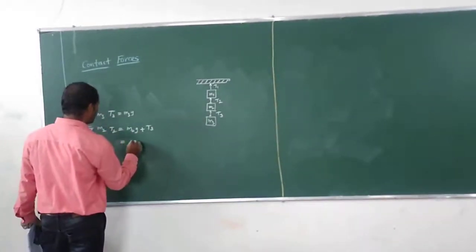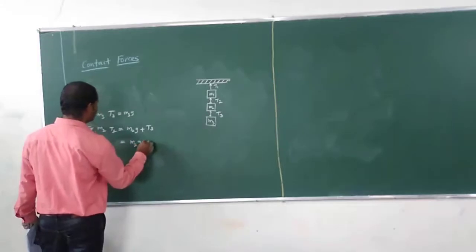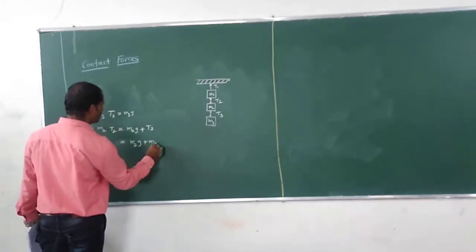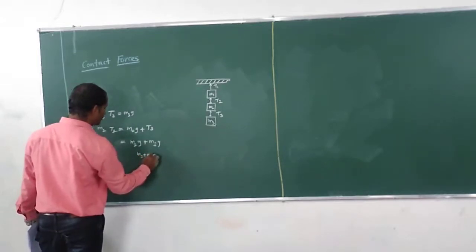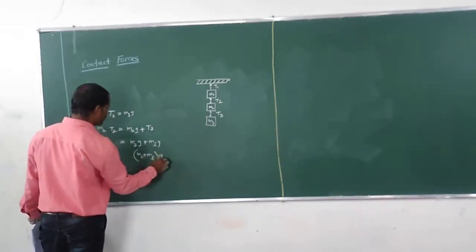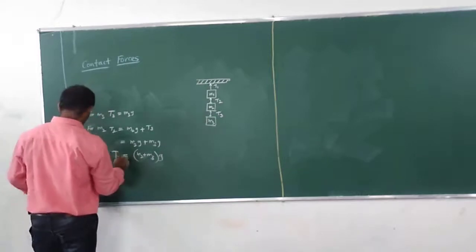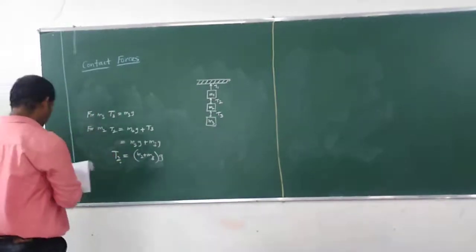T2 is equal to m2g plus T3, T3 is m3g. So this is (m2 plus m3) multiplied by g. So this is T2, right?